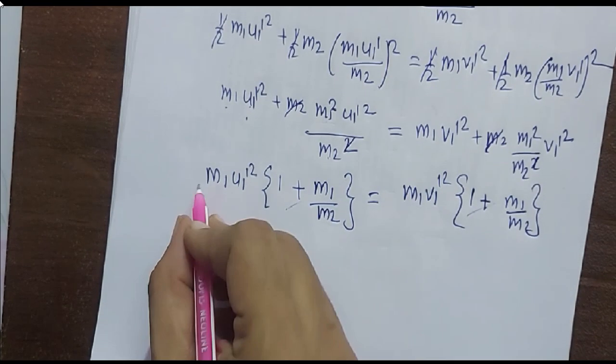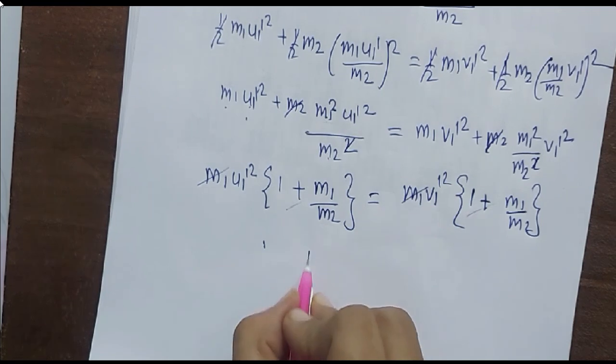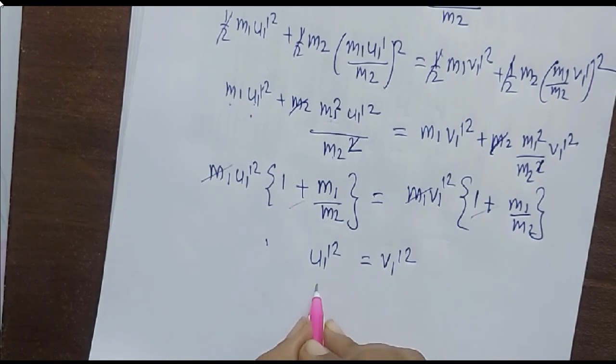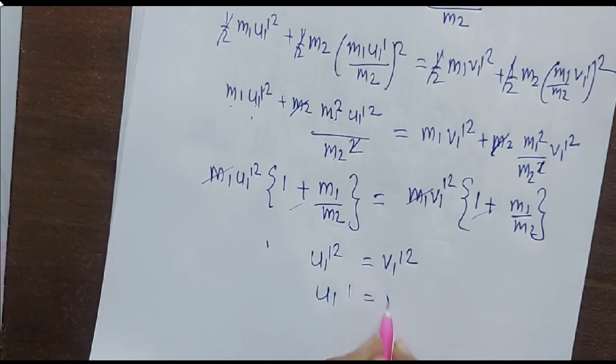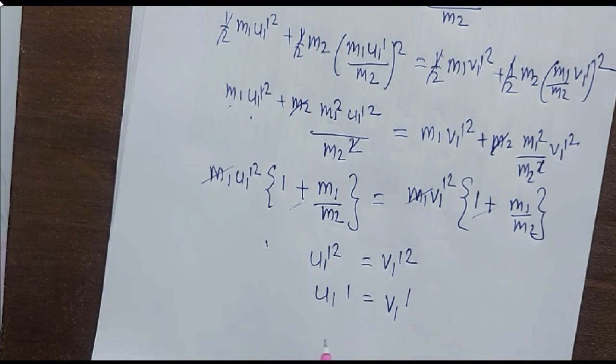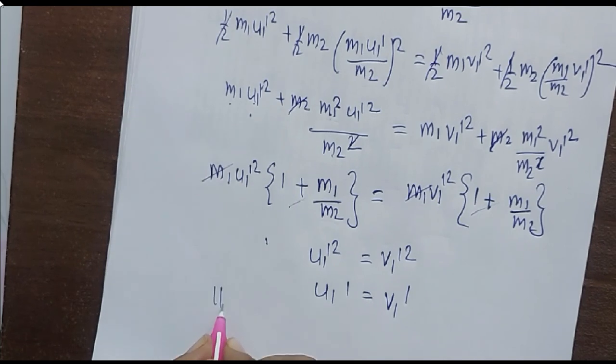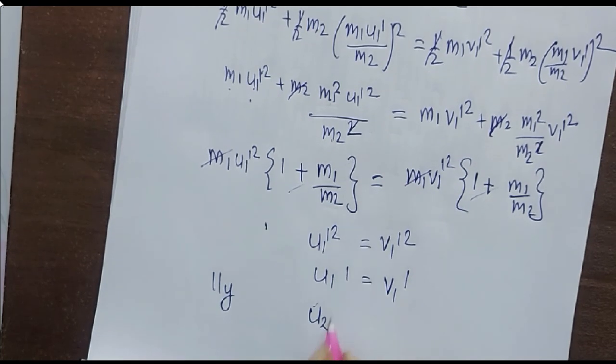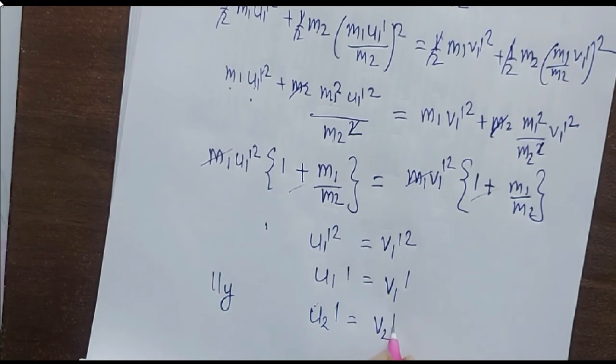So u1 dash square is equal to v1 dash square, so u1 dash is equal to v1 dash. There is no need to derive the entire thing for the second term. Similarly, you can write u2 dash is equal to v2 dash.